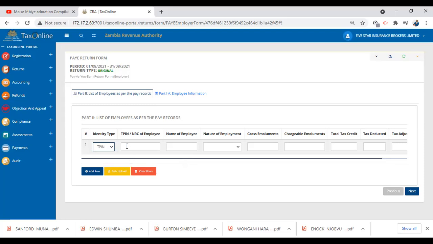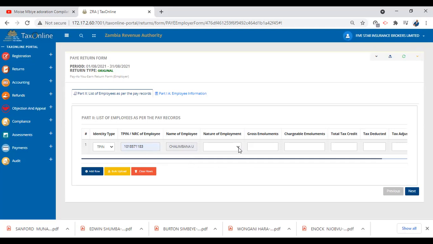If we decide to use a TPIN, I have an example here. You just type it in. Don't mind about this one because it is self-populating. I've been using it several times. So you type it in and it gives you the name. Once you type in, just click anywhere. It will give the name of that particular individual.